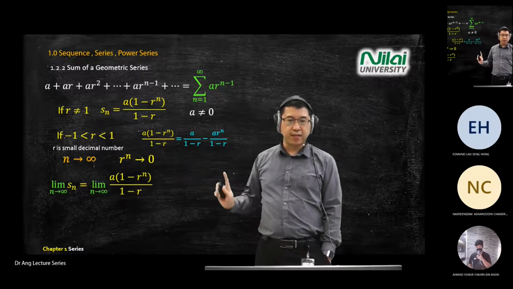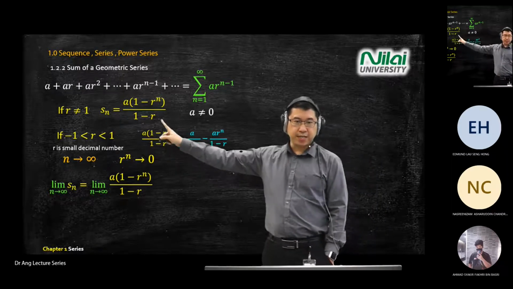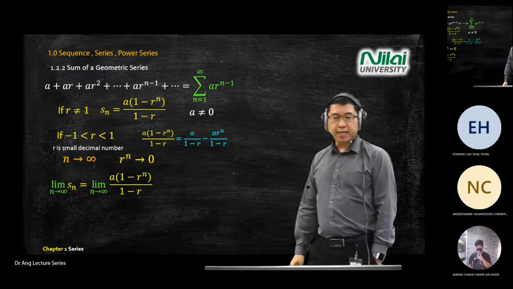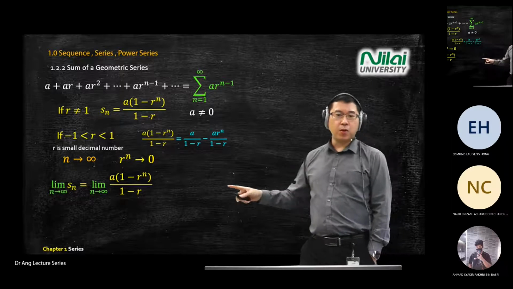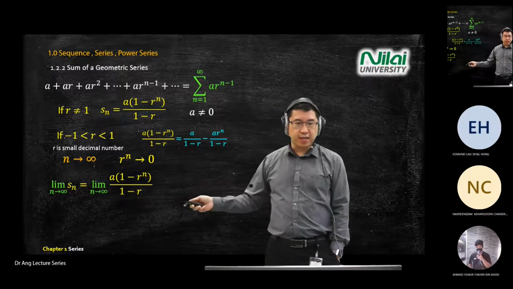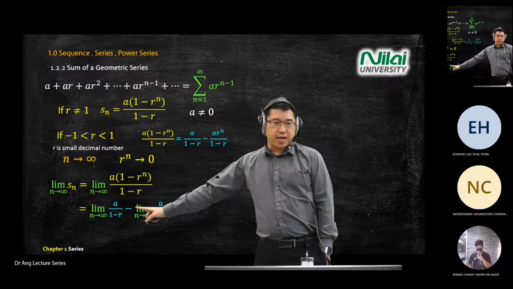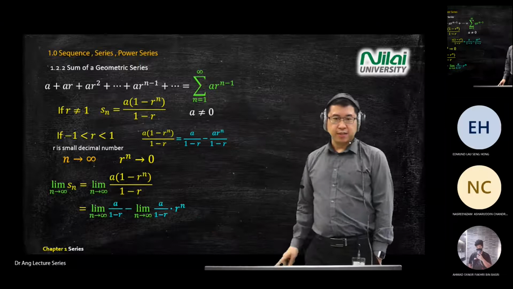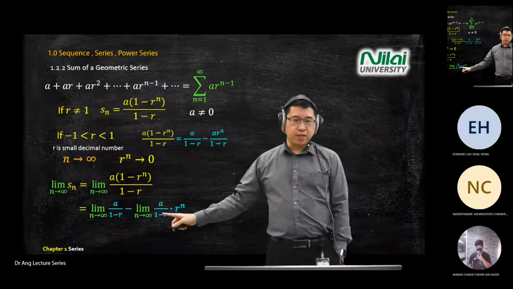We rewrite this equation, the same as Sn, into the blue color equation, meaning we start to apply the limit law. So we can write the limit of the first blue term minus the limit of the second blue term. Basically we are just rewriting this one with the limit.